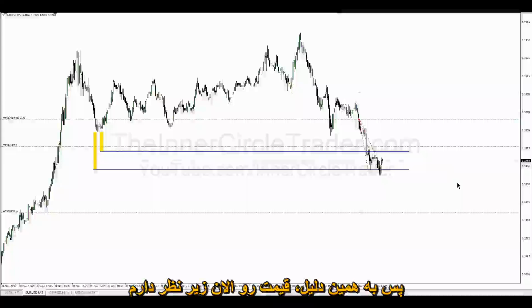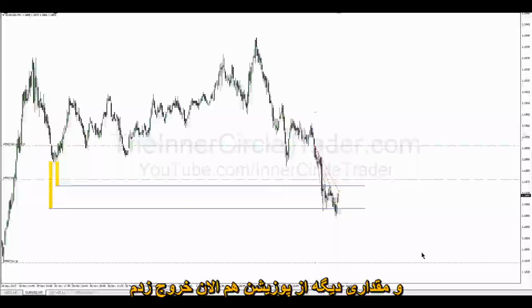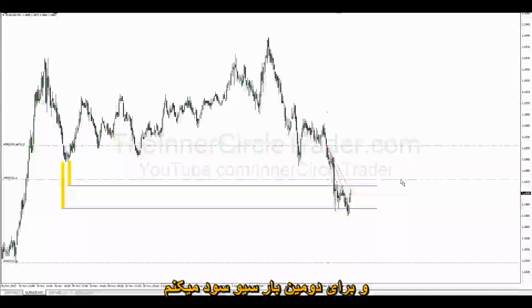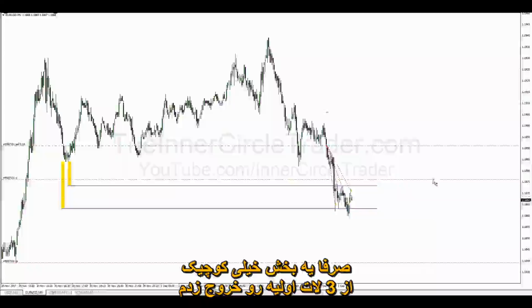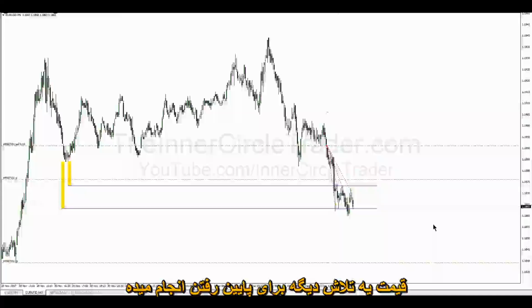And I'm watching price in here to do that. So I've collected a small portion of the position also. Now here's the second time taking something off, so a very small portion of the original 3 standard lots. Price does one more attempt to break lower.